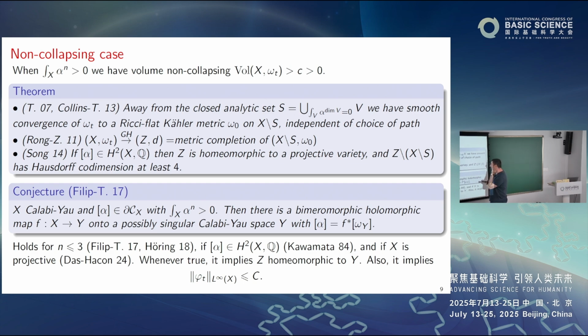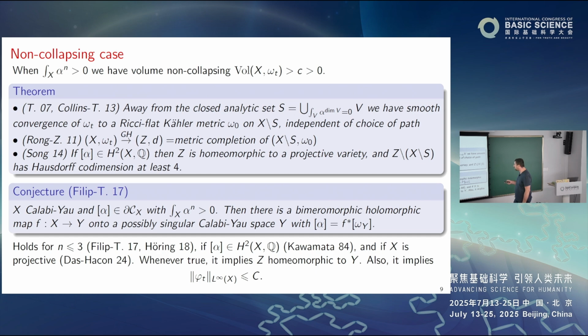It's all nice and good. You will complain that the last part has an extra assumption. So indeed, it would be nice to remove it. For this, you would need this conjecture that I formulated with Simeon Philippe some time ago. Namely, that if you have a Calabi-Yau and a class on the boundary of the Kähler cone with positive volume, this integral here, then actually this class is the pullback of a Kähler class from some possibly singular Calabi-Yau variety.